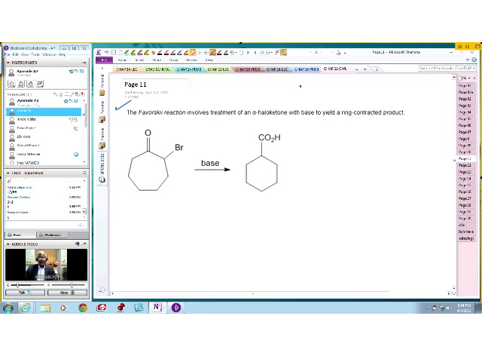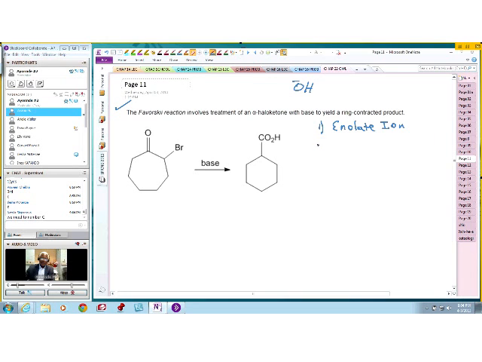Okay, the first thing I want you to know is we are going to use this as the base. Somebody said we need numbers. Yes, very good. I'm going to number the carbons for you. Let us start here. We are going to start with a hydroxide, and then 1, enolate ion formation.